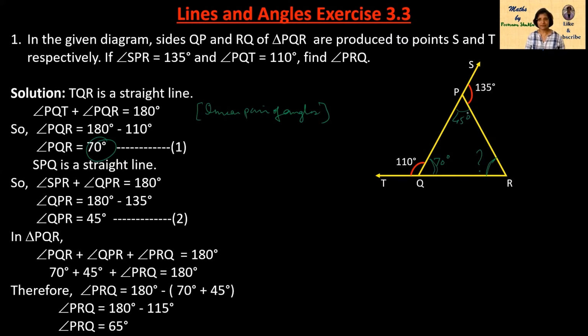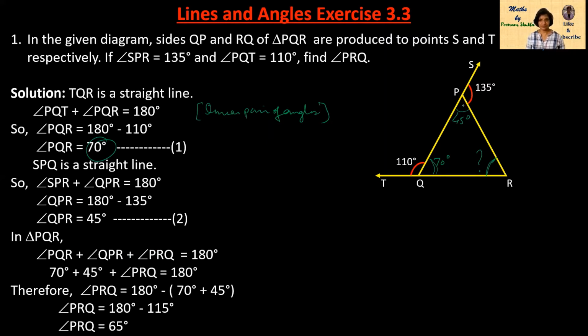If you have these two angles, the third angle you can find according to theorem 1, the sum of angles of a triangle. Theorem 1 says the sum of all three internal angles will be 180 degrees.